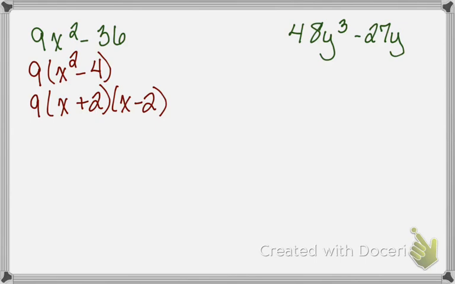This one is a little bit more challenging because it does have a common factor. The first common factor I would notice is my y. My y goes into both of those. There's also a 3 in your 48. This may be one of those problems where you grab a calculator when you're working on your homework. It's okay. The big thing is that you don't use a calculator when you're doing your practice tests.